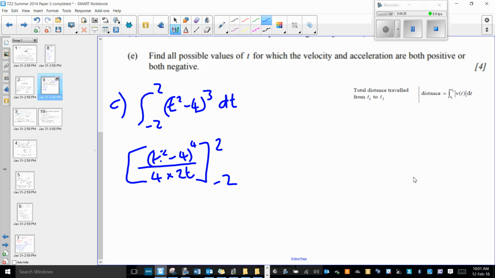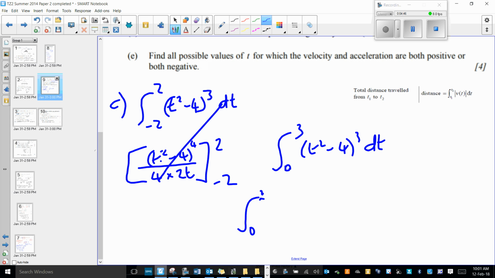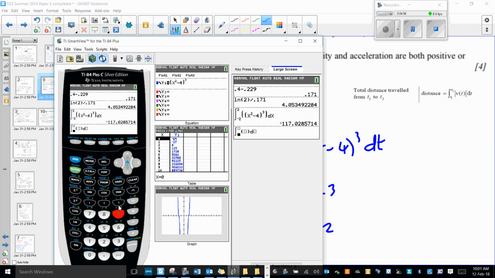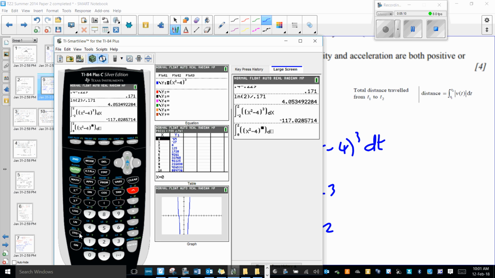So let's grab that. We want to find the integral from 0 to 3 of t squared minus 4, cubed dt, but we're going to separate it into 0 to 2 and 2 to 3. So, 0 to 2.